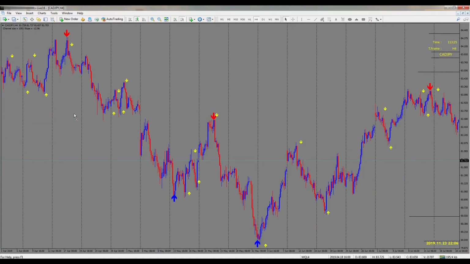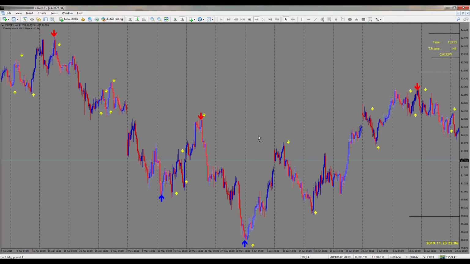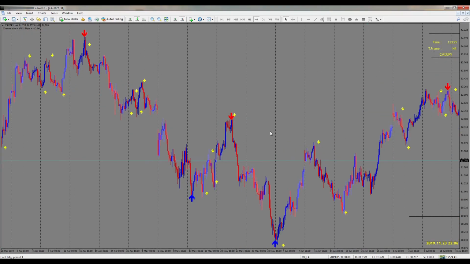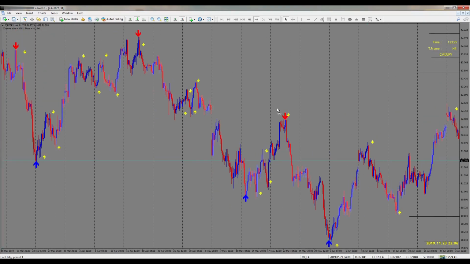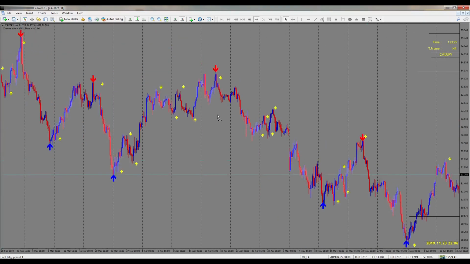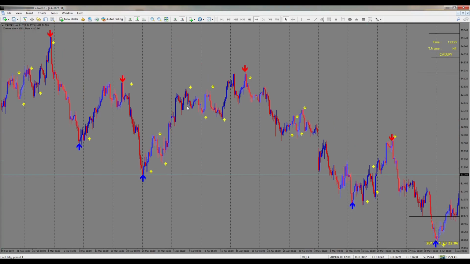Very simple, guys. Once the market makers got what they wanted, they're out of there. They're not coming back to this area again. They're gone.